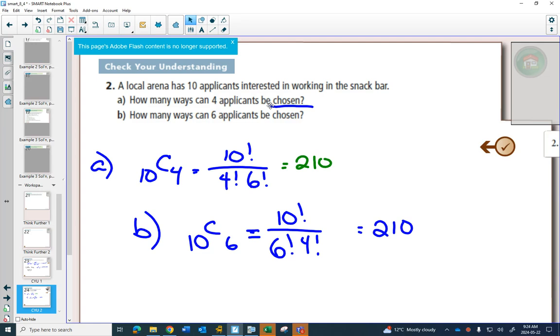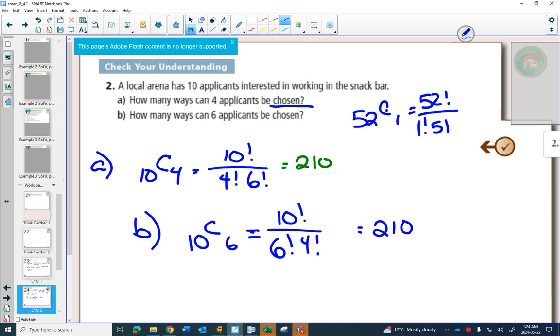With the formula, 52 choose 51, well, let's start with 52 choose 1. That would be 52 factorial over 1 factorial, 51 factorial. This you could do with mental math. How do we simplify factorials? We start with the bigger one, which is the 52, and we go down by 1 until we get to the one that's on the bottom.